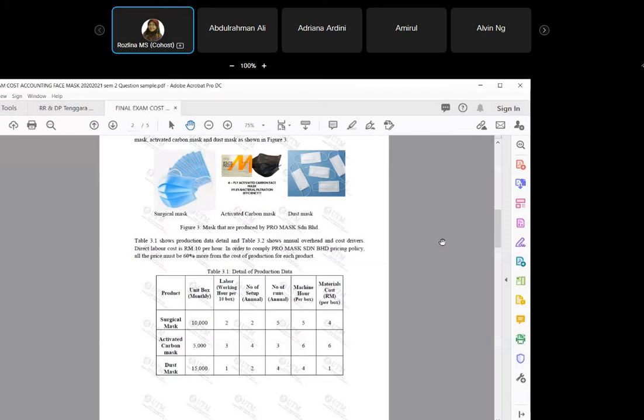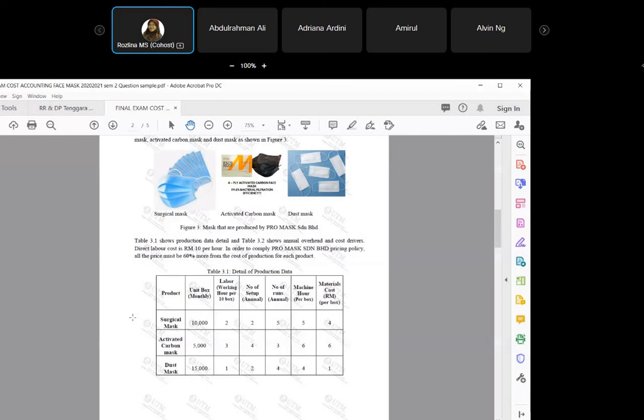Macam this one kan, you can see the detail of production data ni, dia ada unit box monthly, labor, working hour per 10 box. Nampak very tricky all the data ni. Number of setup is annual, number of run is annual, machine hour per box, material cost per box.